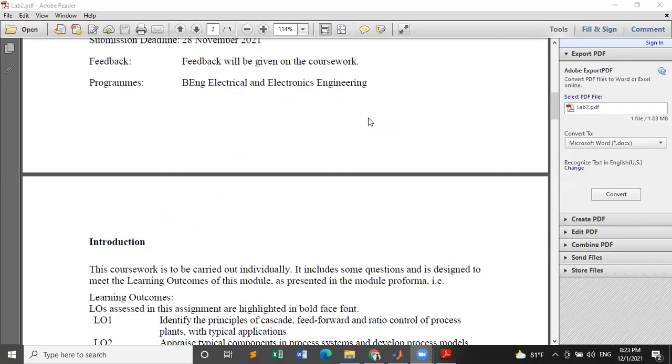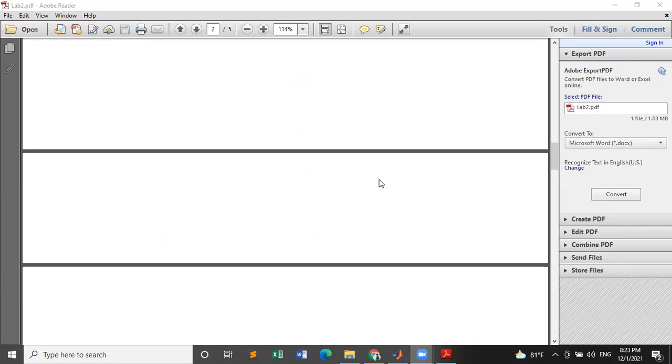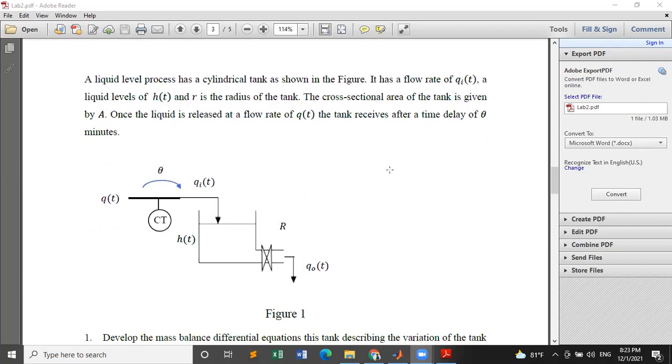We'll go here towards our notes once again. Right. So here now what we have is a tank.